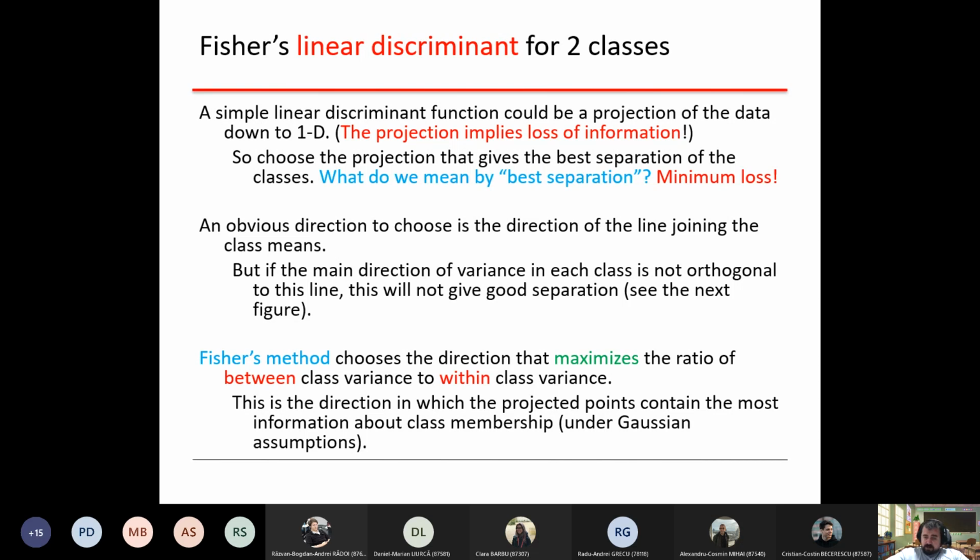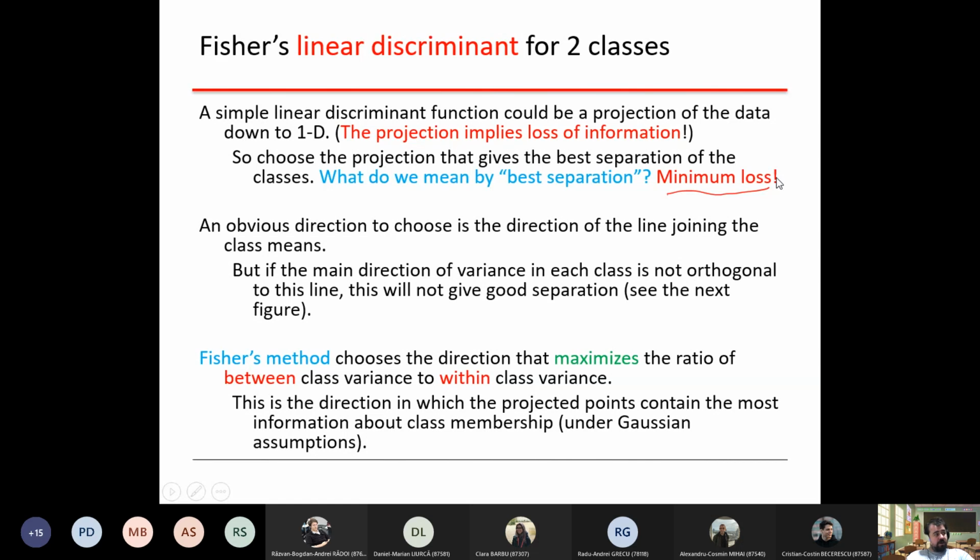However, this projection involves some loss of information, and therefore it tries to identify the 1 dimension to project on so as to lose the least information and give the best separation of the classes. And by best separation, we mean minimum loss.